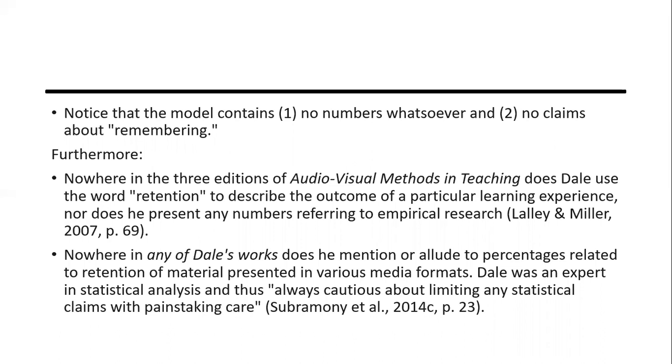Furthermore, what else can we observe in the cone of experience? Dale did not use the word retention. So this model does not make use of those words to describe the outcome of a particular learning experience, nor does he present any numbers referring to empirical research.